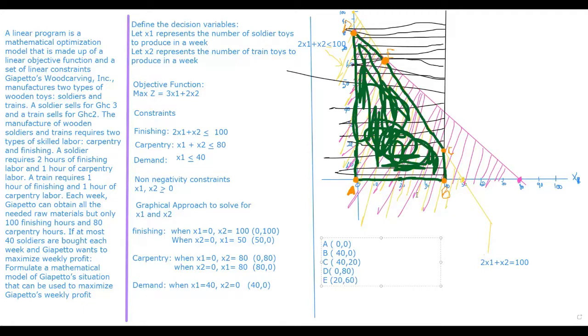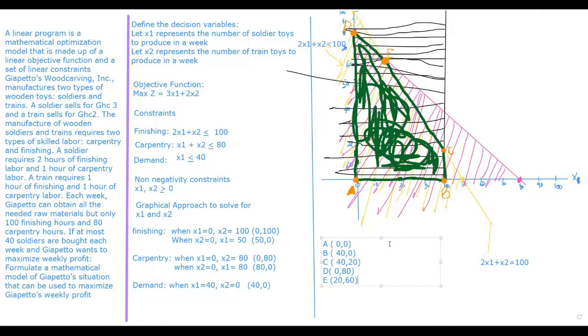Now that you've picked the corner points of the shaded region, you are going to pick each one of them and test it. The one that yields the maximum Z becomes your answer.